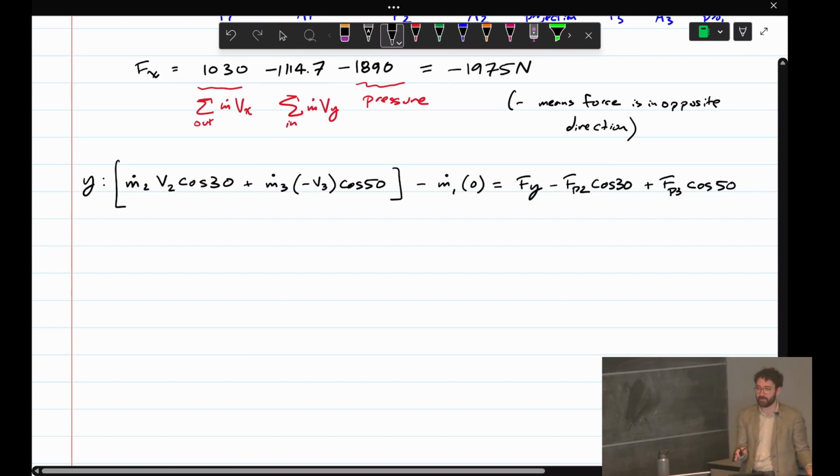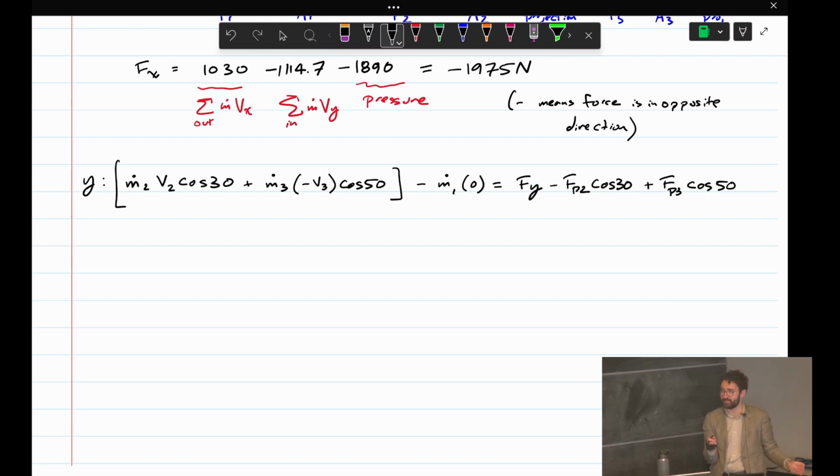Any questions on that? I'm not going to write out the several lines of numbers again. I'll just look at the answer here. So we get Fy equals 560 minus 516.